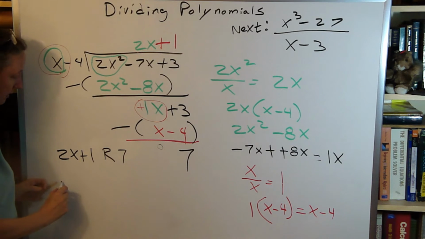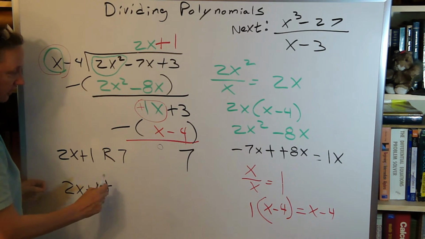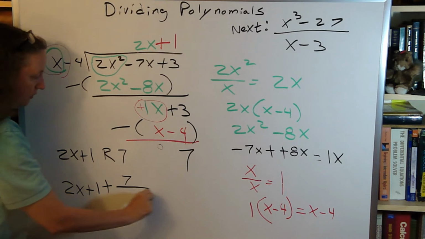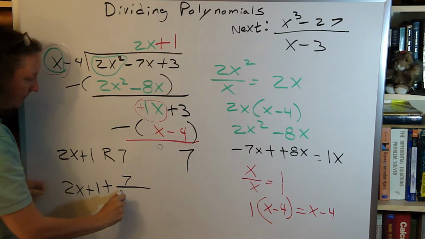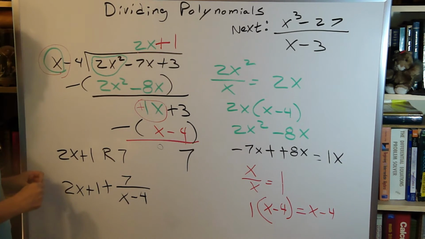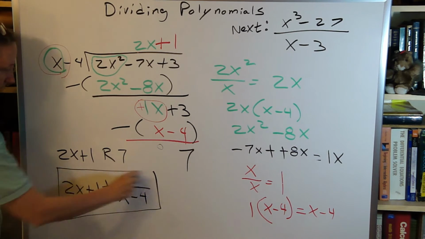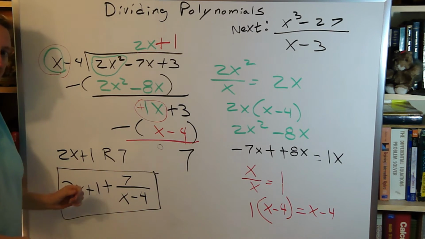Better way would be 2x plus 1 plus, because that was a positive 7 there, 7 over the whole x minus 4. That is my answer. There's nothing else I can reduce there, so that's done.